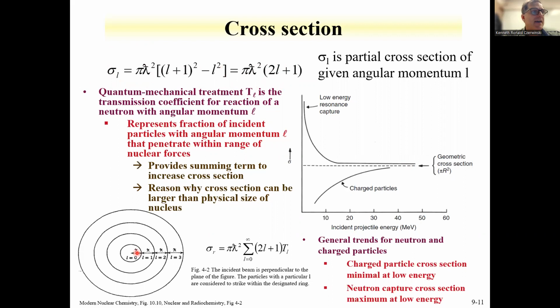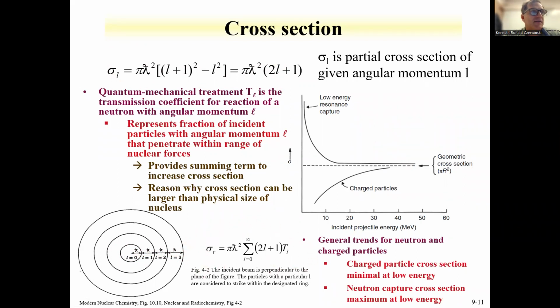And this is a pictorial where, let's say, this is the physical size of the nucleus. As these states become relevant and populated, the relative size of what the nucleus looks like increases.